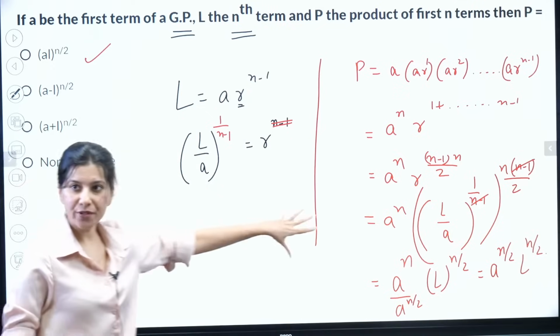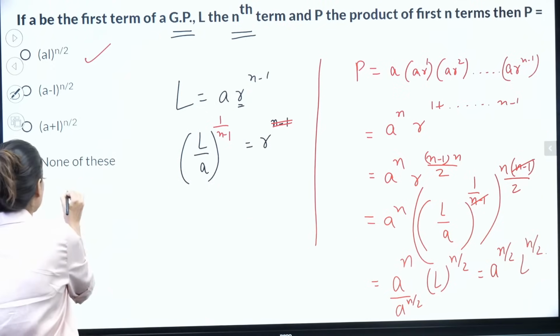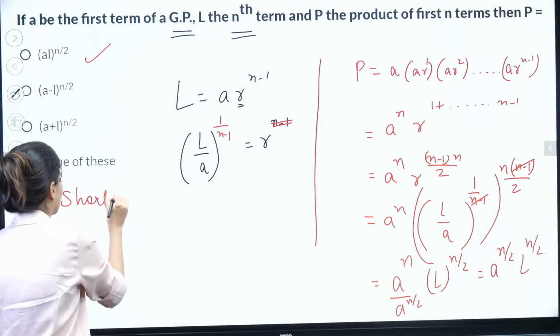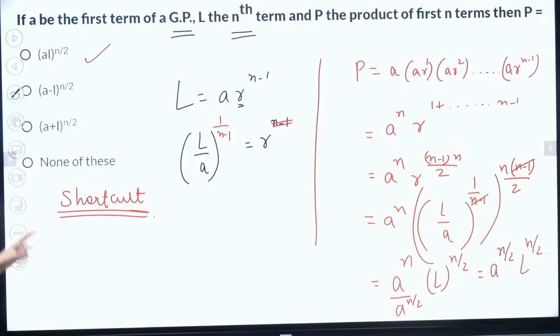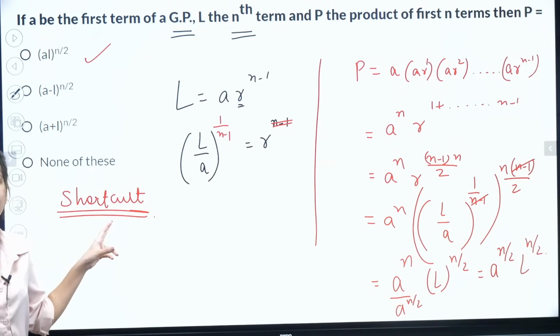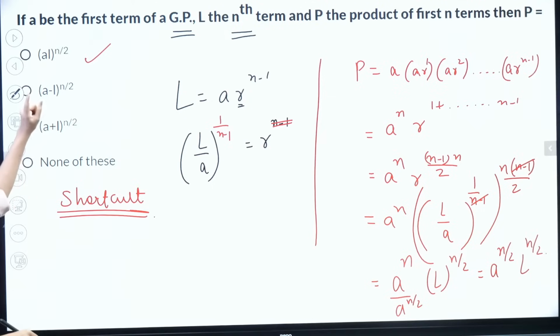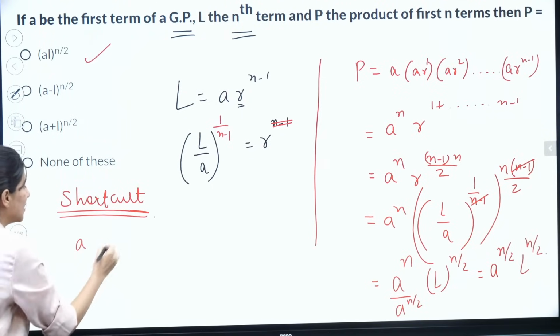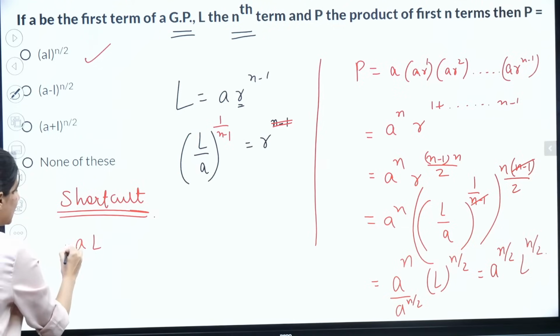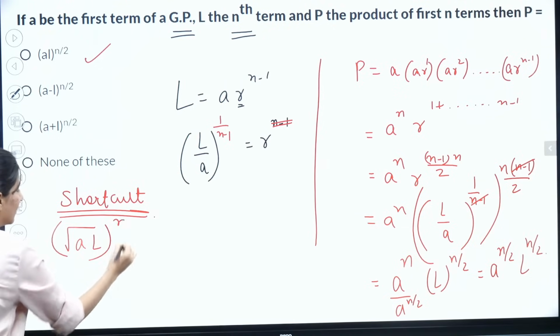So this is the whole procedure I have told you, but we have a shortcut as well. The shortcut says that the product is nothing but the geometric mean of the first and last term. So first term is A, last term is L. What is geometric mean? Square root, raised to power n, right?